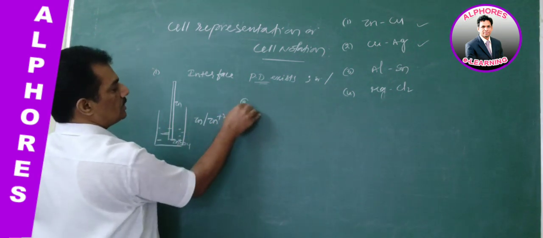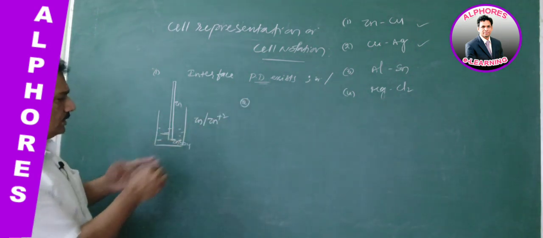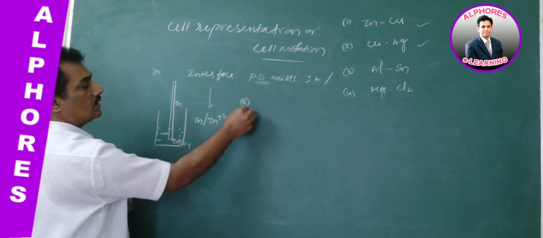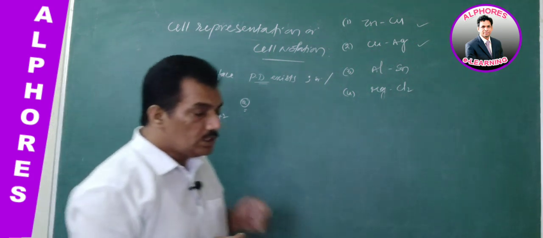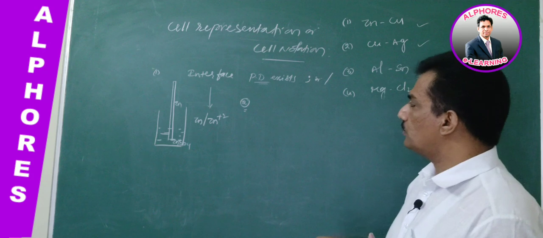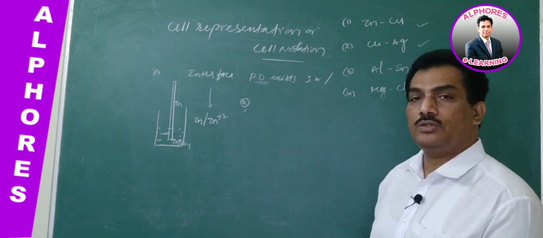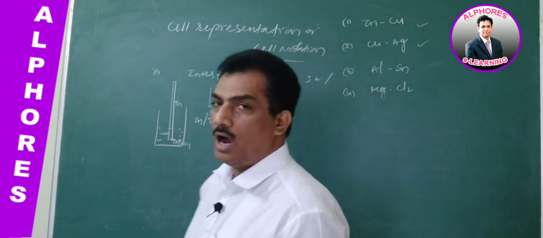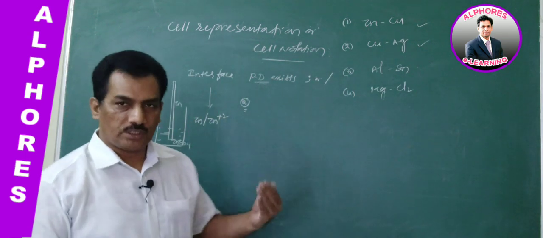And the second convention is, sometimes not only the metal, metal along with salt will constitute the electrode. In such a case, we can use a comma or plus sign to represent that.